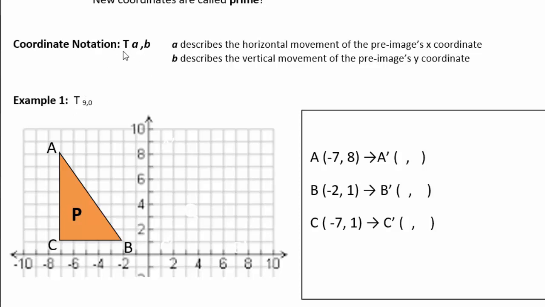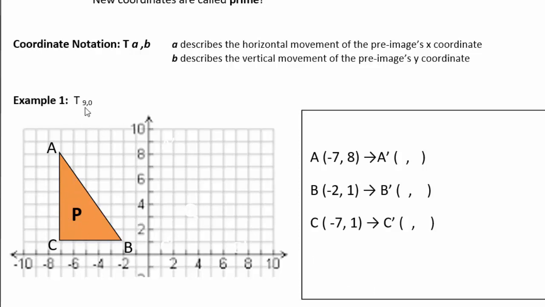The capital T tells me they want a translation. The A describes the horizontal movement along the x-axis, and B describes the vertical movement, the up and down movement, using the pre-image's y-coordinate. So, according to this, can you tell how far horizontally they want us to translate triangle P?